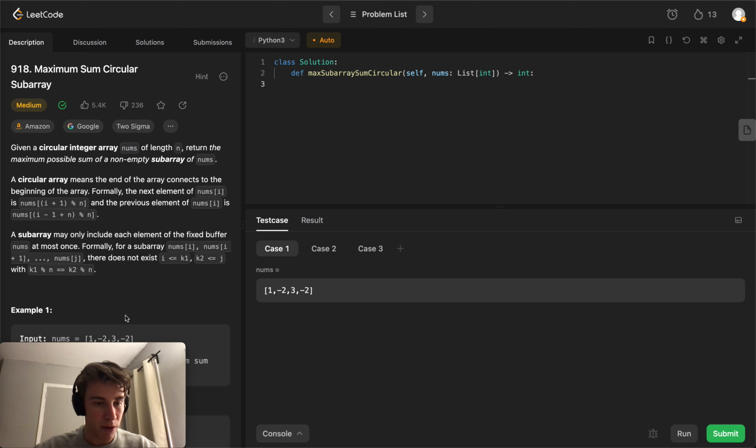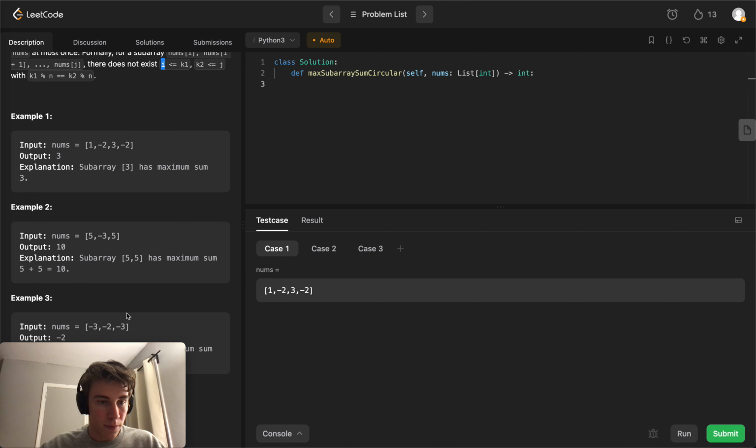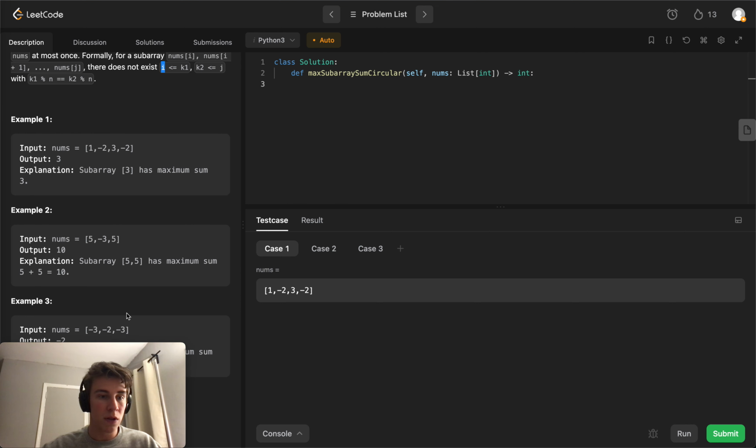I'm not sure exactly what that's saying, but oh, it's just saying that wrapping around the array like this, there can't be an i and a j that are the same. Let's look at some examples.